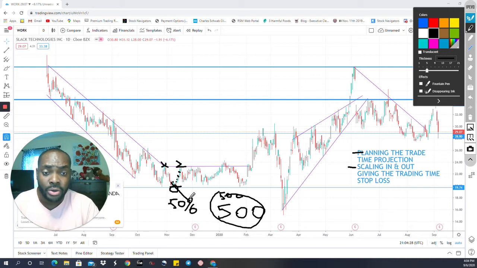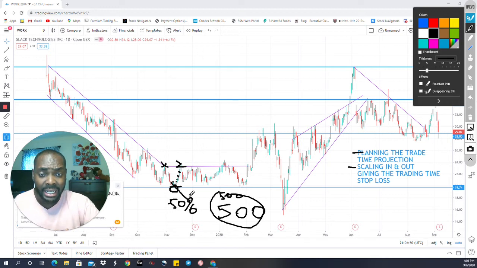If that was the case, the scaling in method would have worked perfectly, because it means you did not go all in on the position with 1,000 shares, and then this thing completely went against you, and now the loss is way bigger. Does that make sense? So that is how we would apply the scaling in and out method.